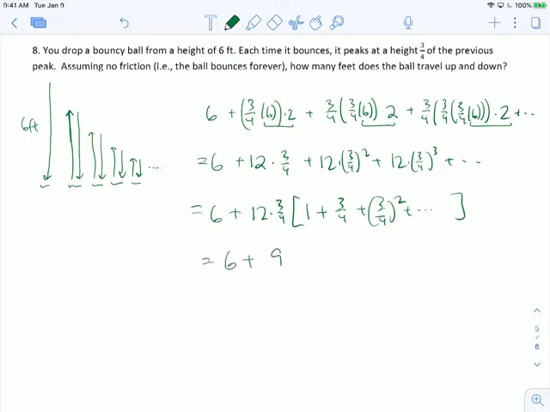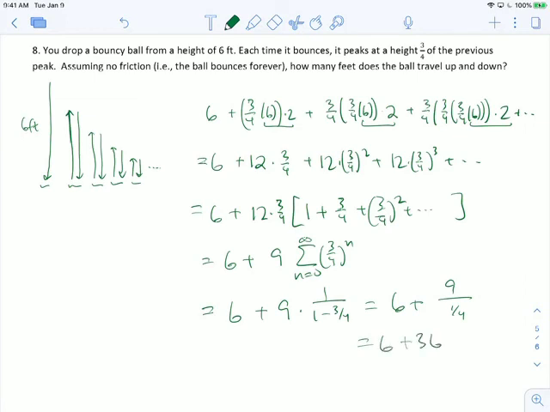And so I've got 9 times the summation n equals 0 to infinity of 3/4 to the n. That's a convergent geometric series. So I'm going to get 6 plus 9 times 1 over 1 minus 3/4. Nine over 1/4 is 36, and so it looks like my ball is going to travel 42 feet total as it bounces up and back and forth infinitely many times.